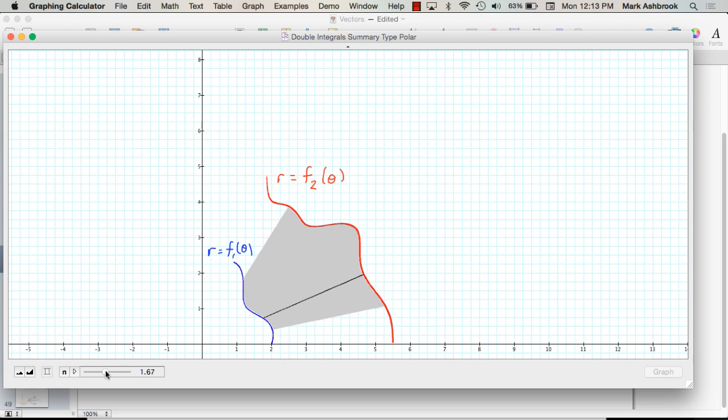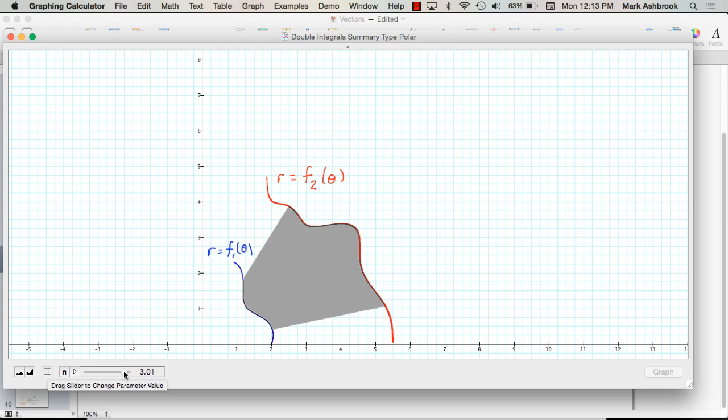And then? How far does this go? Then change in theta. So starting theta to ending theta. So that's the way we imagine these polar double integrals.